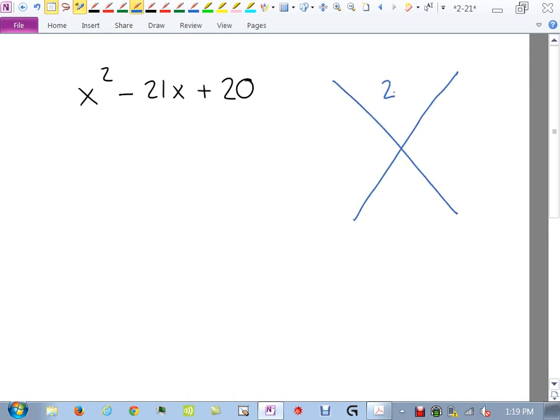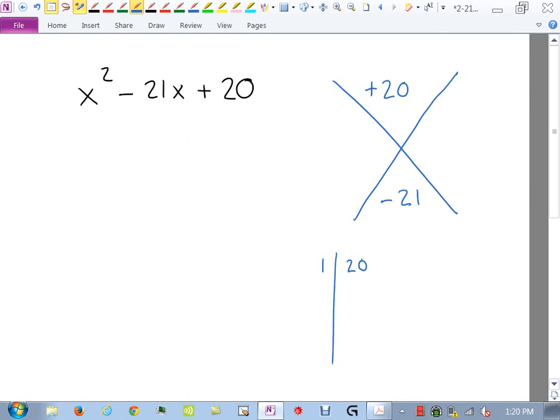We're shooting for 20 here, right? Positive, and -21. The numbers that I know multiply to be 20 are 1 and 20. 1 and 20 is 21, isn't it? But I need it to be negative 21, which means I would have to do what?